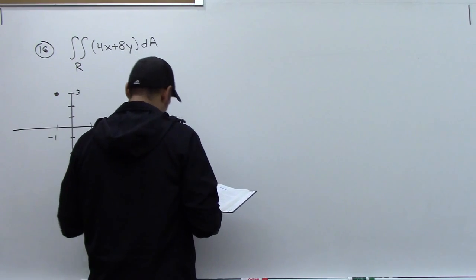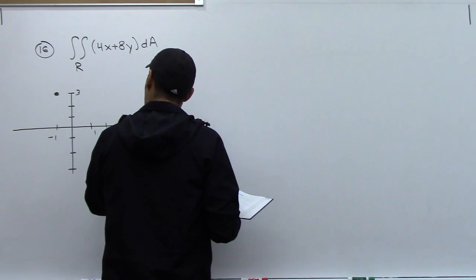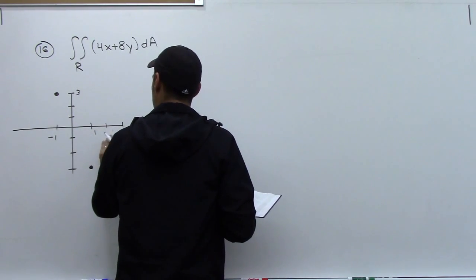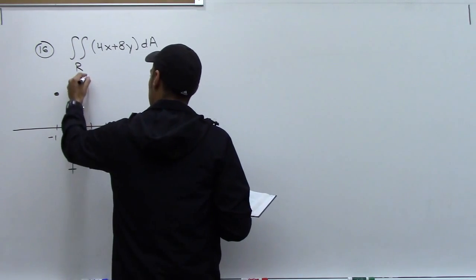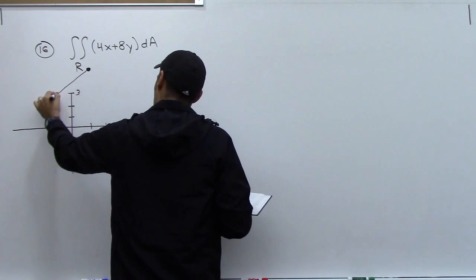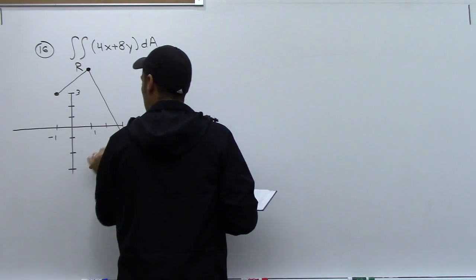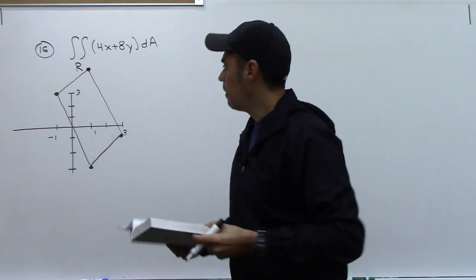Here. 3, negative 1. Here. And 1, 5, which is up here. There we go.